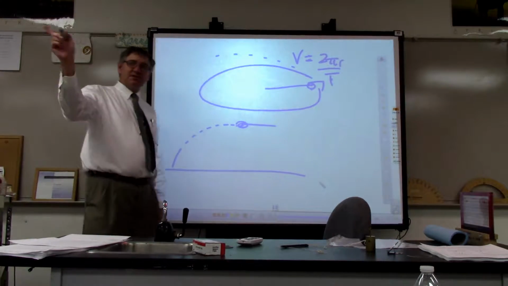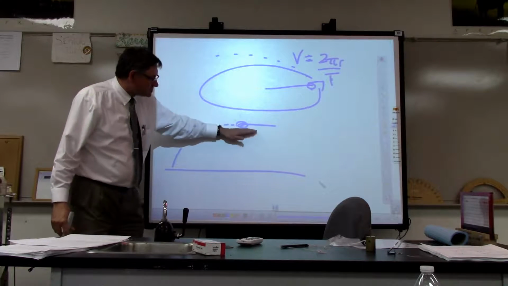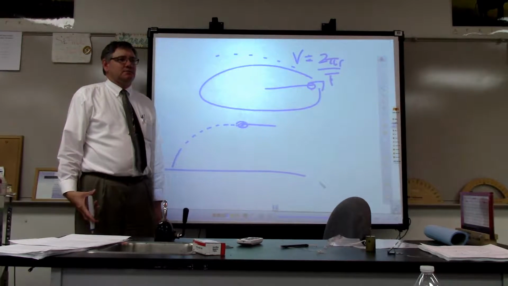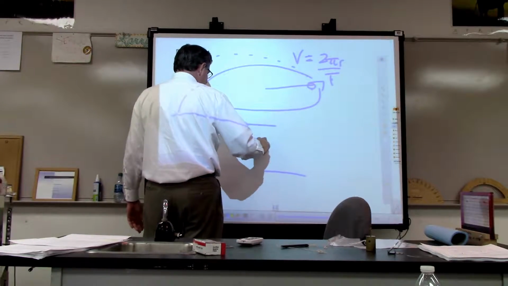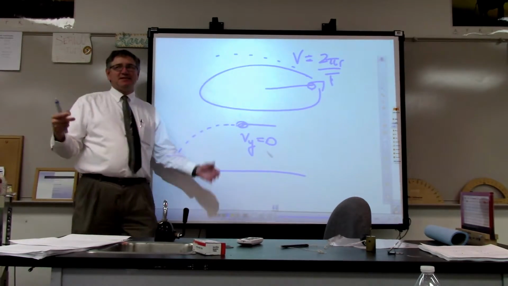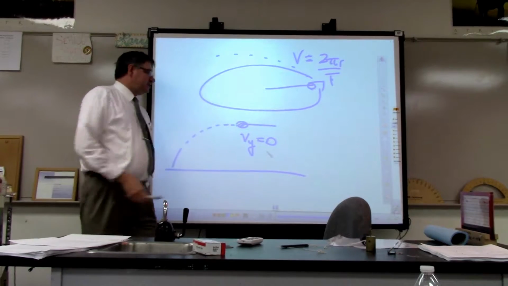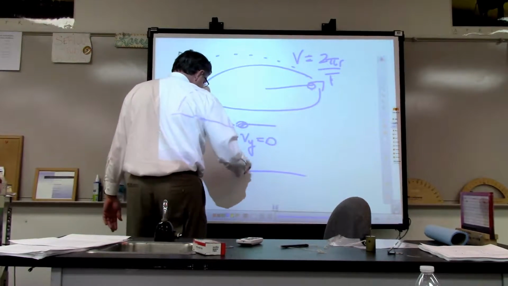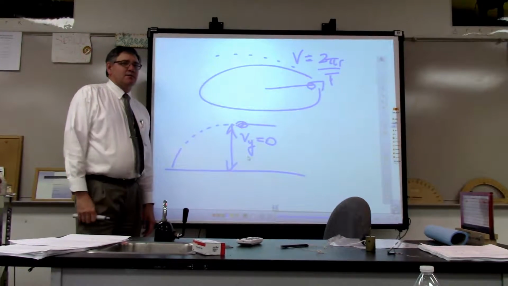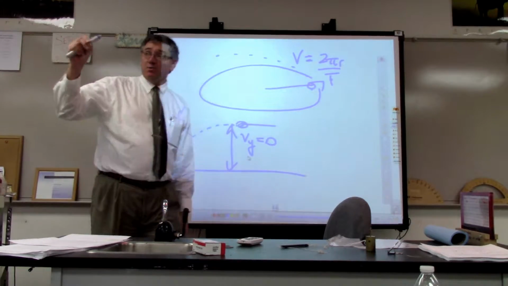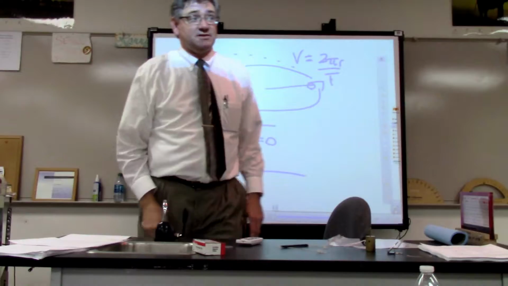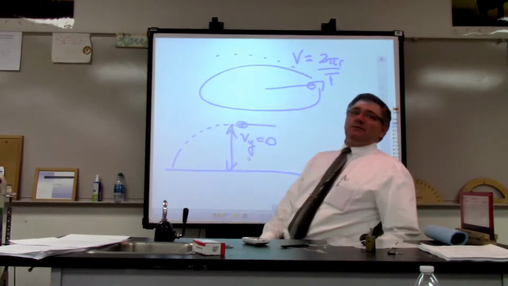Because you're in a horizontal plane, what's your initial vertical velocity? 0. So Vy naught equals 0. So it's basically a lemming problem. Do you know how far it is above the ground? If Vy naught is 0, what's the only thing that determines how long it's in the air?